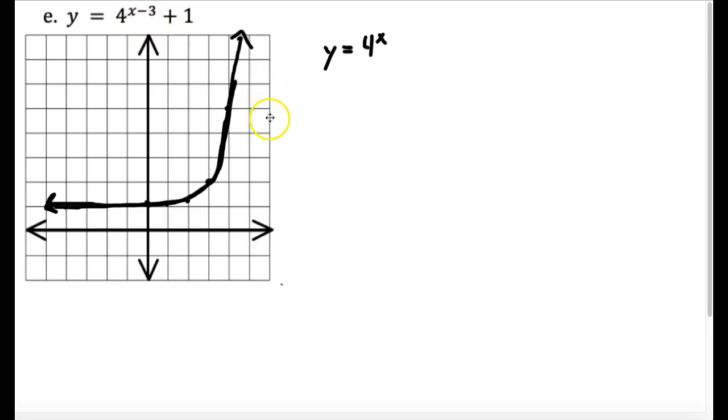If I'm subtracting, that's going to be a shift to the right 3. So I'm going to take this graph and move it right 3, and then outside of the function, that's going to tell me to go up 1. So if I took the graph of y equals 4 to the x, and shifted it right 3, up 1, this is where I would end up. All right.